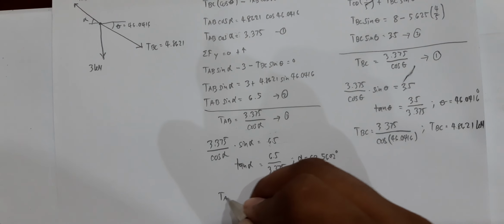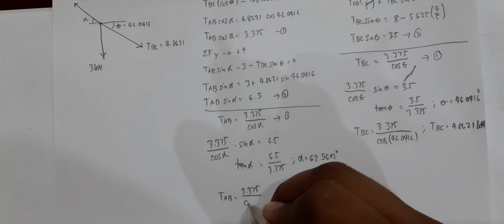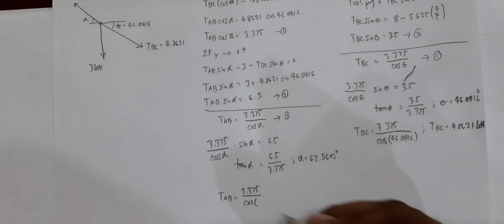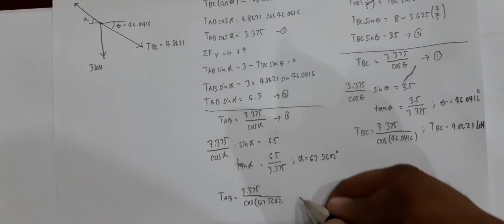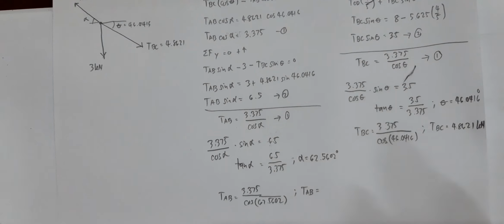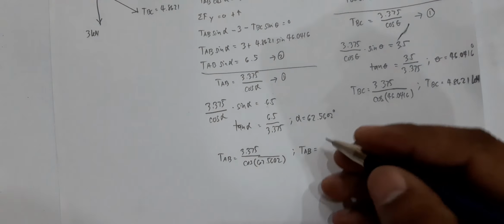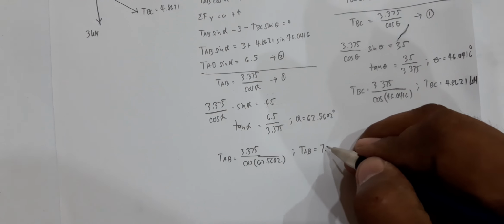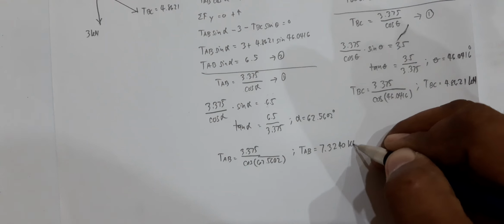Next, you can now have your TAB. Your TAB is equal to 3.375 over the cosine of 62.5602. So you have here TAB now equal to 7.3240 kilonewton.